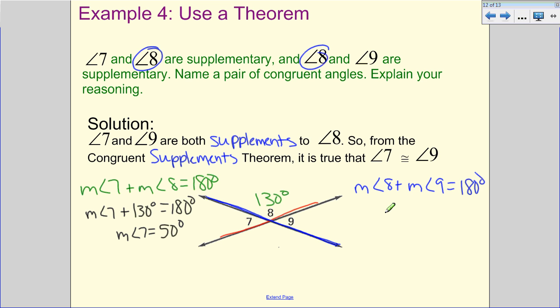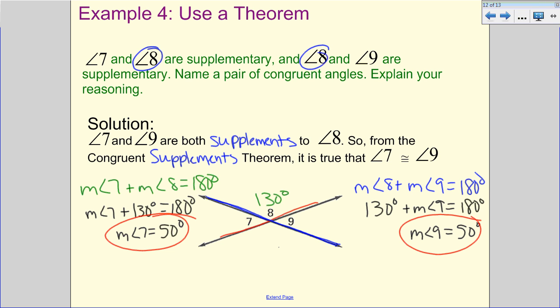This diagram is still the same, so angle 8 has to be 130 degrees, plus the measure of angle 9 is equal to 180. I'm going to solve by subtracting 130. So I get the measure of angle 9 is equal to 50 degrees. If we take a look at what our answers were, we have angle 7 equaling 50 degrees, angle 9 equaling 50 degrees. So we're going to get the same answer because angle 8 is a constant. It's not changing.